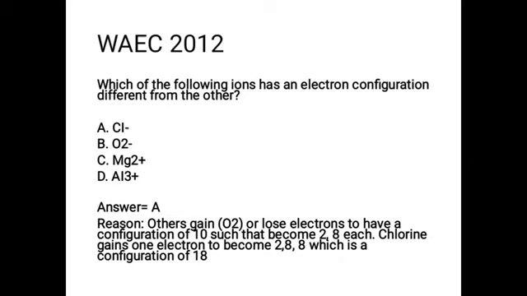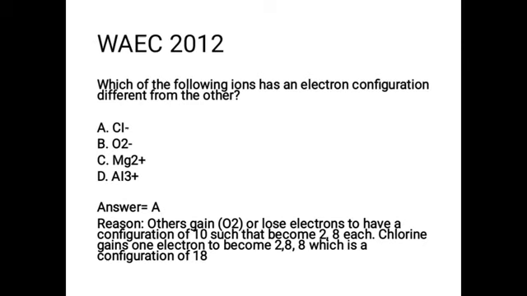Oxygen has accepted 1, that's 2,8. Magnesium has lost 2, it was supposed to be 2,8,2, but it has lost 2, so it becomes 2,8. Aluminum has lost 3 electrons. Instead of being 2,8,3, it's now 2,8.